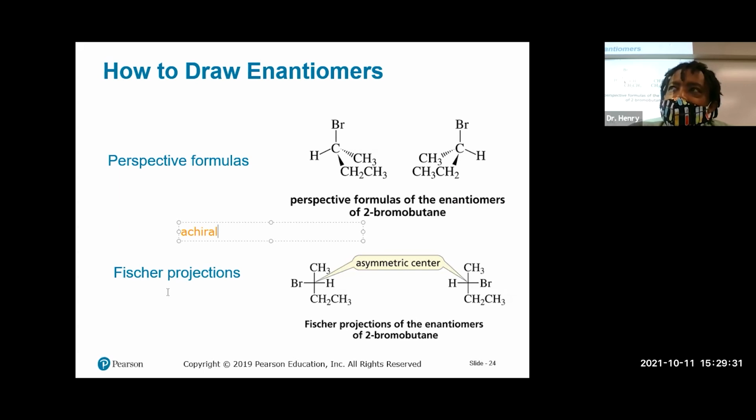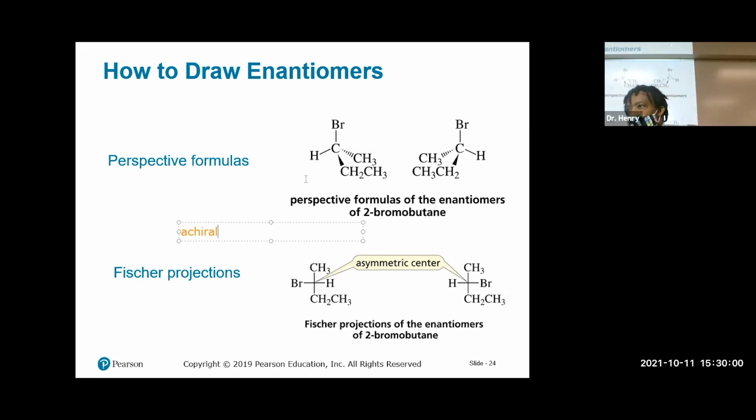This is called a Fischer projection. No, this is an enantiomer right here. It's an example of an enantiomer, because they're mirror images of each other. You can't superimpose them on top of each other, they don't look exactly the same, so those are going to be enantiomers.